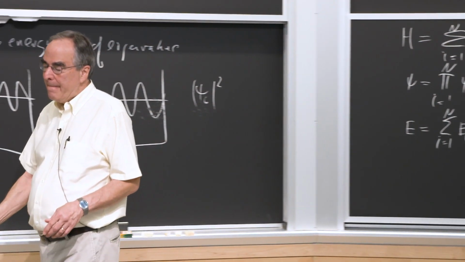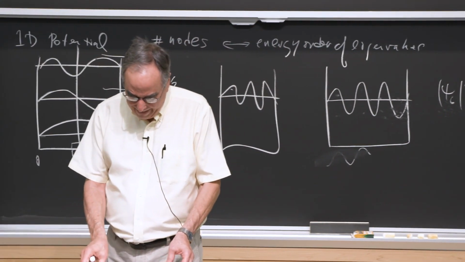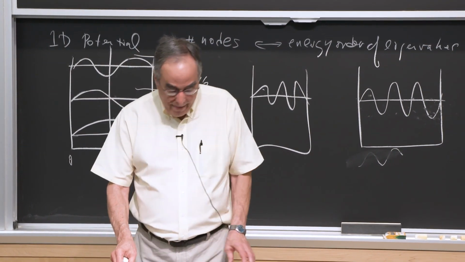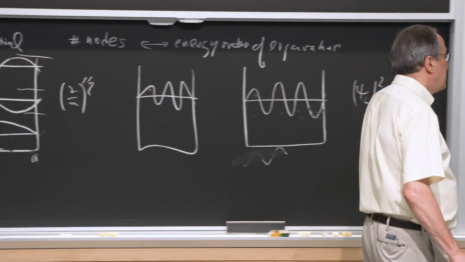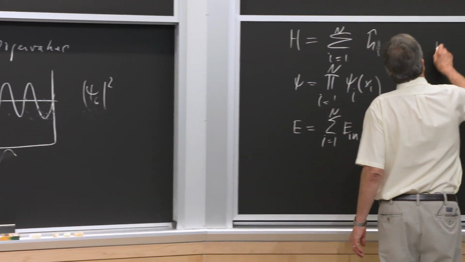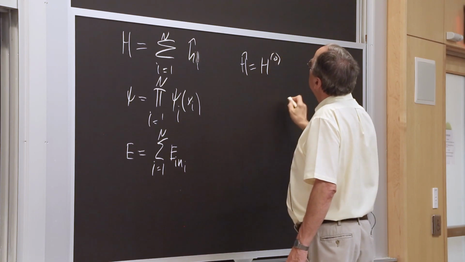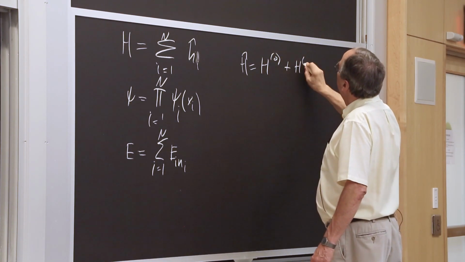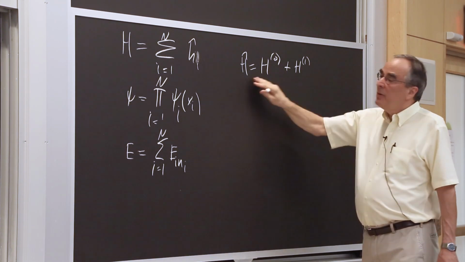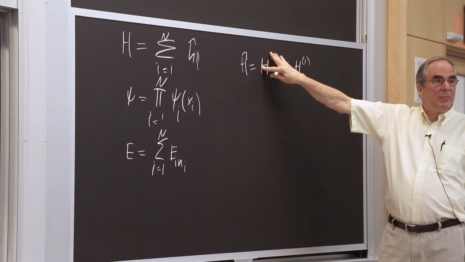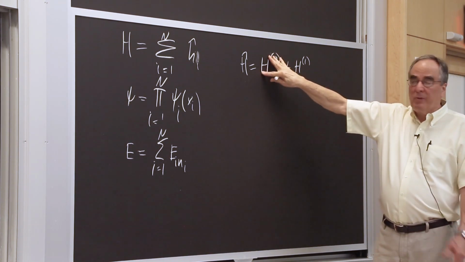Okay. Now, suppose the Hamiltonian is this plus that. So here we have a Hamiltonian, and this is simply the uncoupled Hamiltonian.